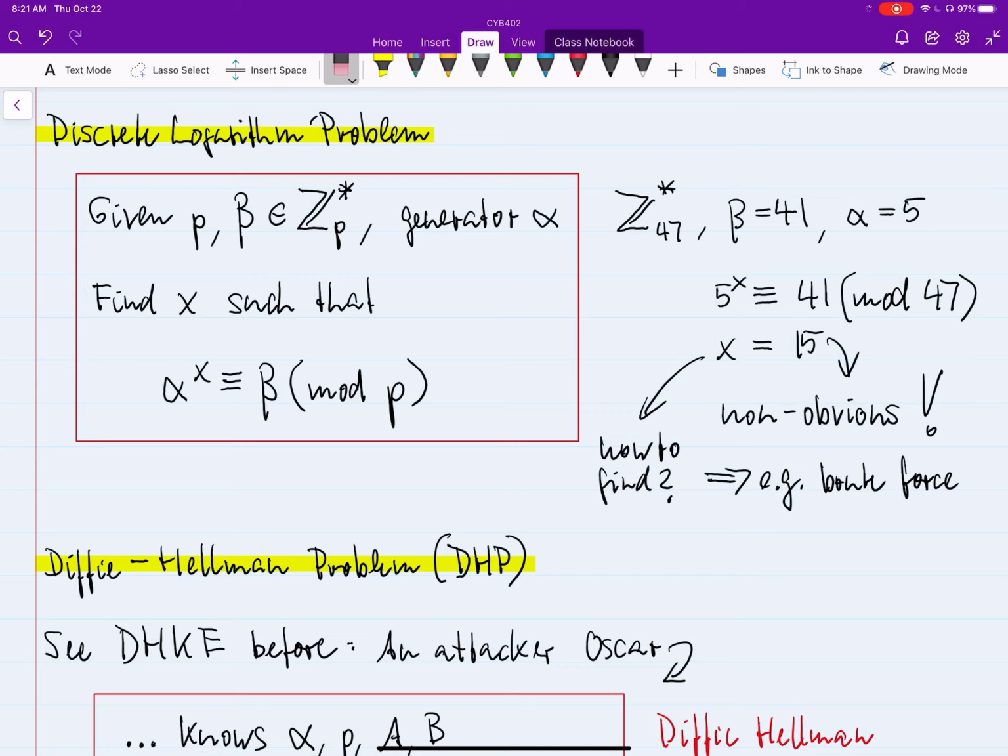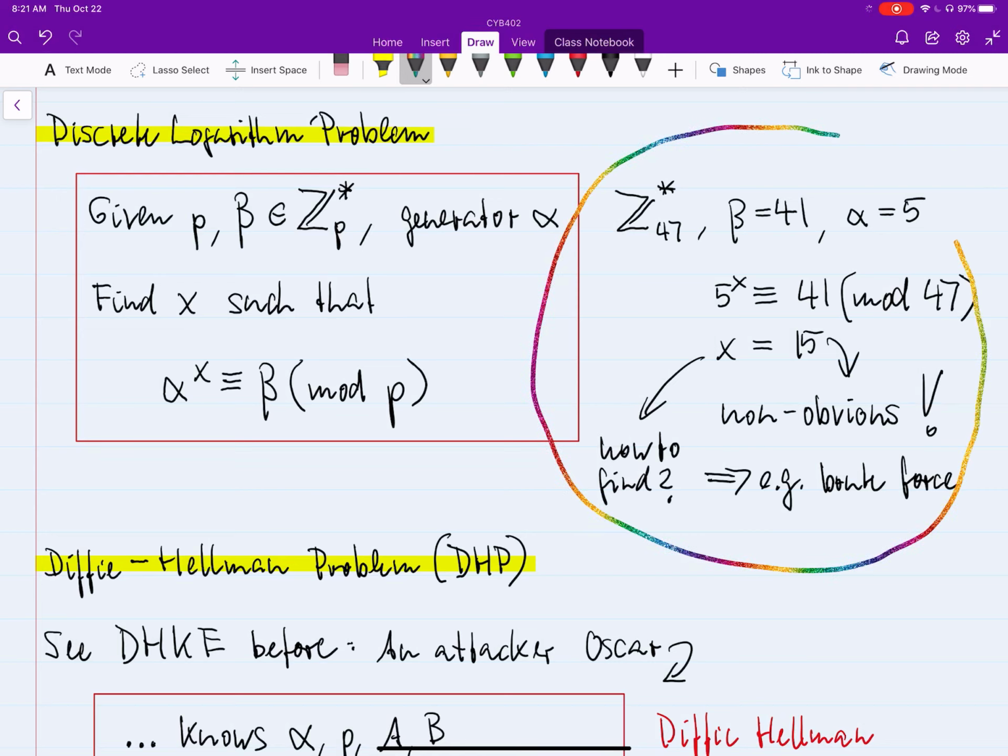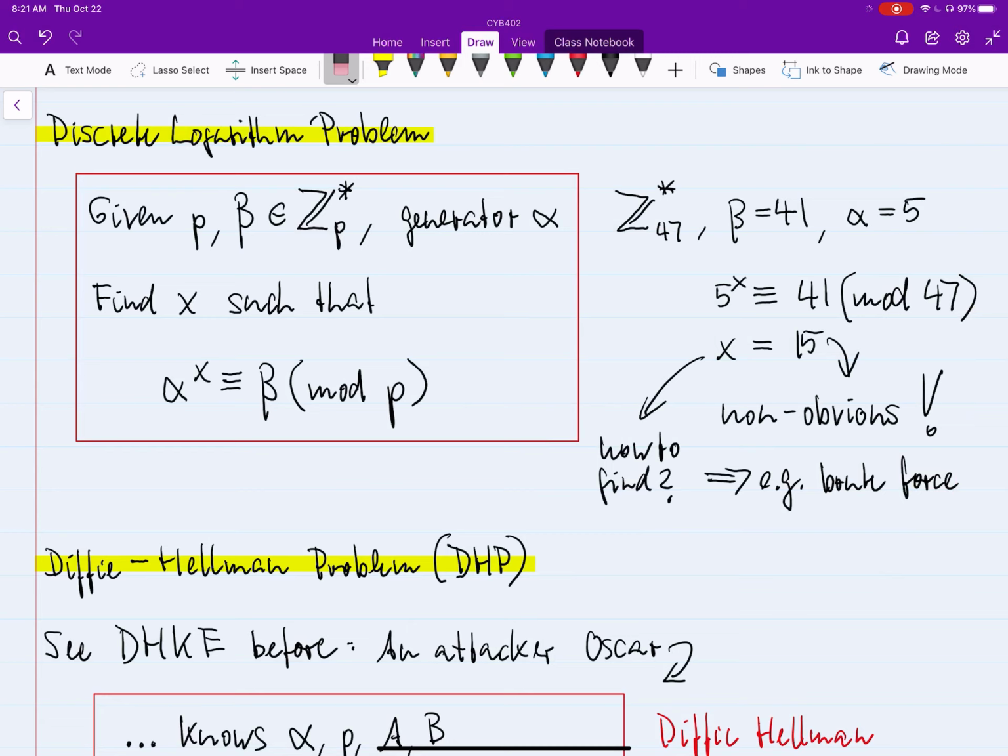Okay, so we looked at an example last time. I put it down here again to show the mapping of the discrete logarithm problem to a concrete example.